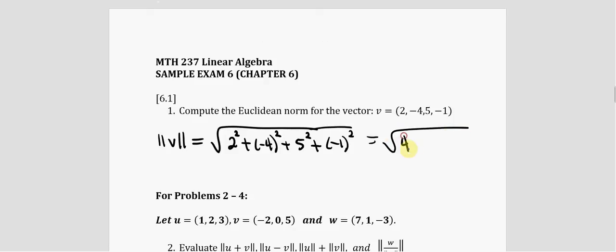So we get the square root of 4 plus 16 plus 25 plus 1. And that gives us the square root of 46.